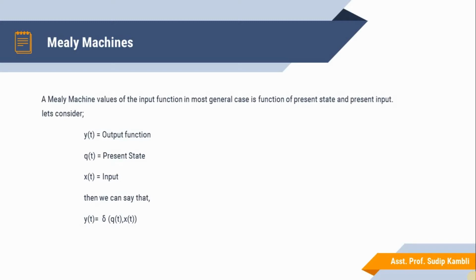So the output is a function of the present state and the present input value xt. A Mealy machine can be described by six tuples: Q, sigma, delta, lambda, and q0.